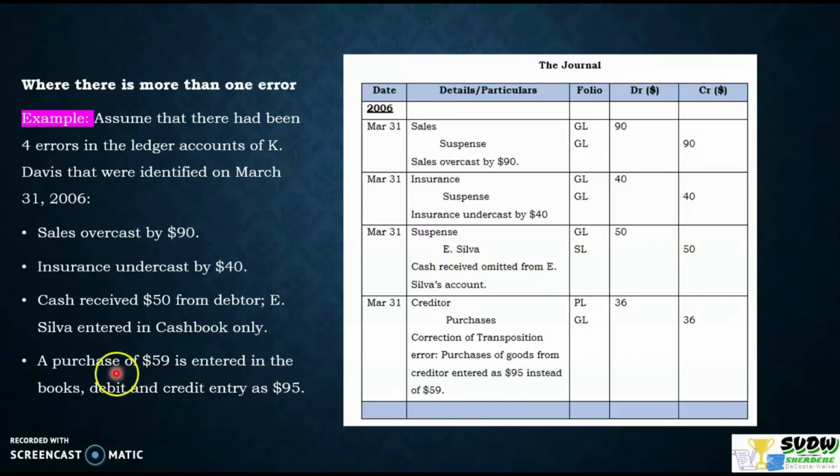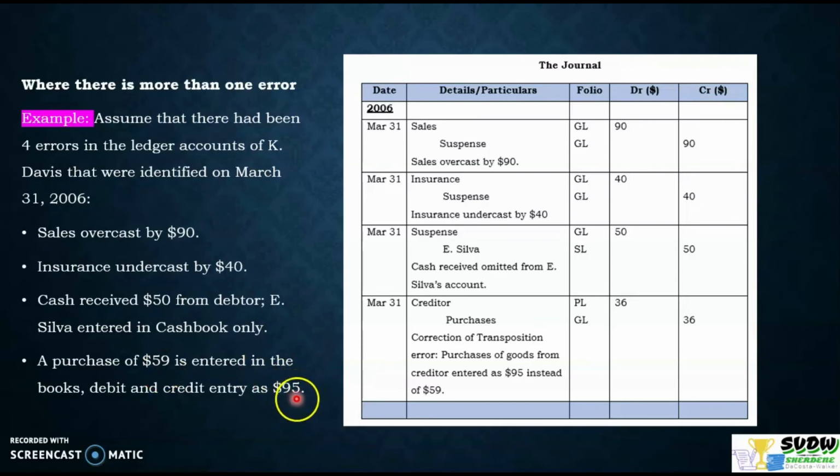And then the last one, a purchase of $59 is entered in the books. Debit and credit entry 95. Now, the fact that they tell you that it is a two-entry error, at this point you know that this will not be entered in the suspense account. So both the purchase account and the creditor's account are affected. And you see that it's 59 when we enter 95.